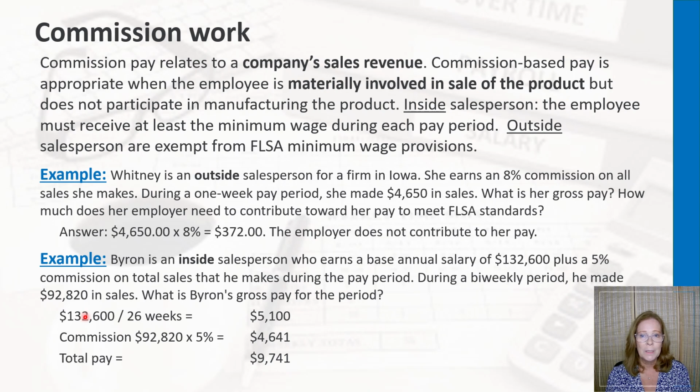Well, first of all, we need to calculate his biweekly pay based on his annual salary. I come up with $5,100, and then we'll calculate the commission of $92,820 in sales times 5% and come up with $4,641 for a total pay of $9,741.